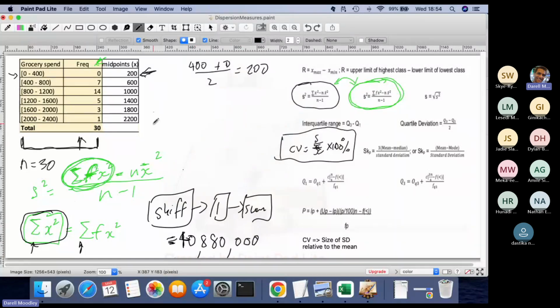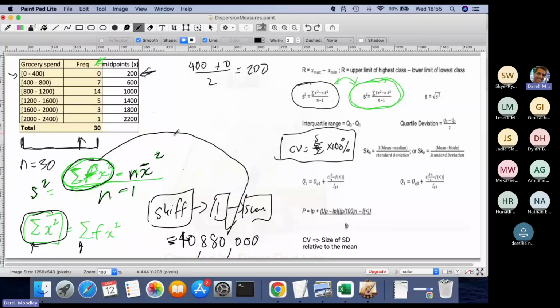So now you know how to find all the other values. I showed you how to do it earlier: how to get n, how to get the x bar. You can square it, and the n is the same in the denominator. The only difference is this, and you know how to do it now. You found it. It's this value here. You substitute everything into the formula and you get s squared, and that's your variance.